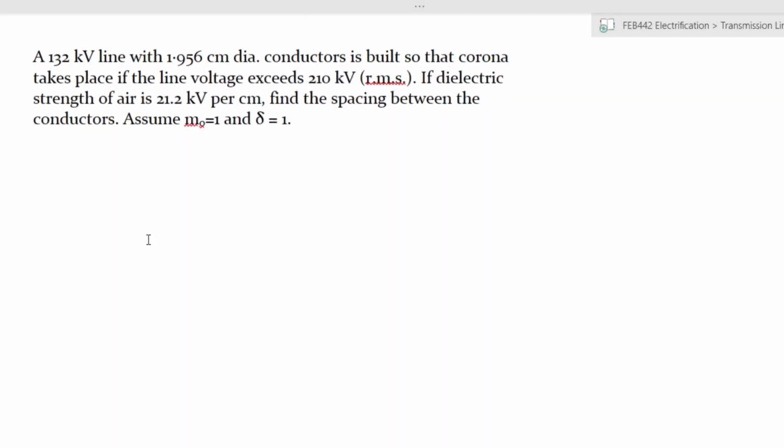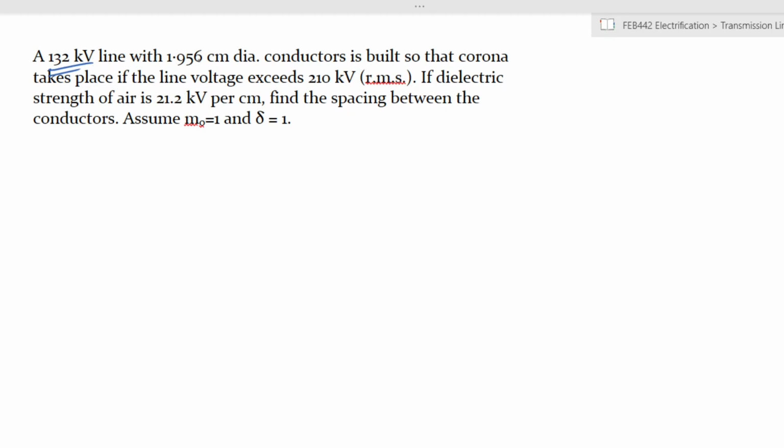So we can look at a very simple example. If you have a high voltage line, remember this usually occurs in high voltage. So if you have your 240 or even 415 or even 11 kV lines, you will not see this effect. However close they are, the voltage is not high enough to break down the dielectric properties of air. This is seen at very high voltages.